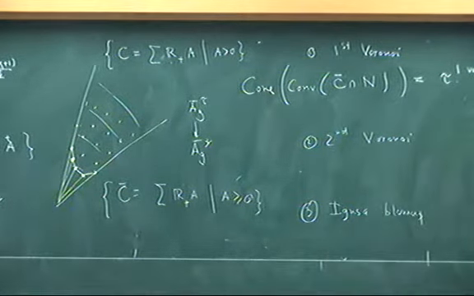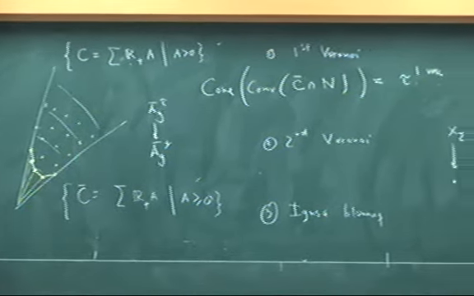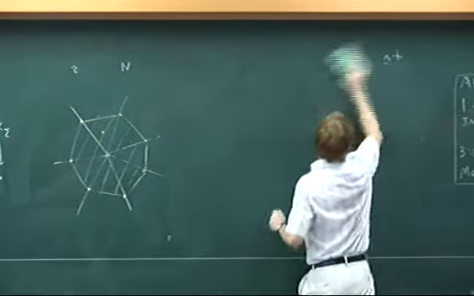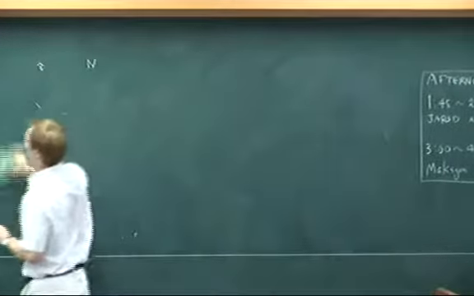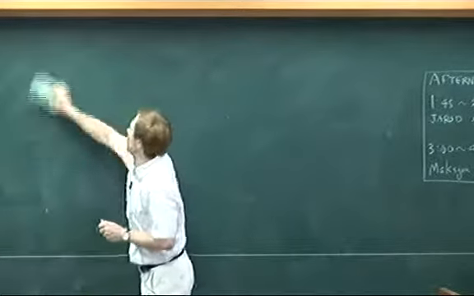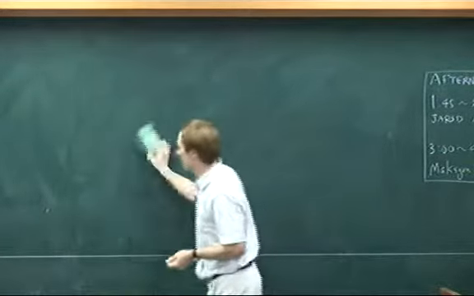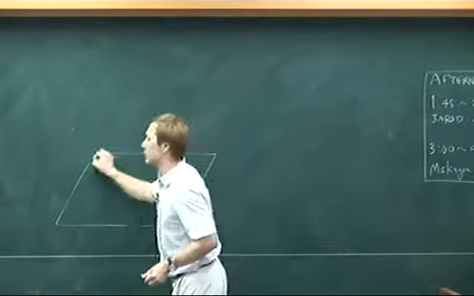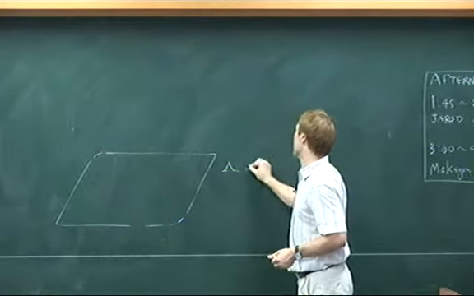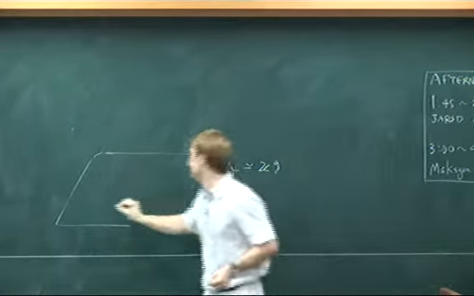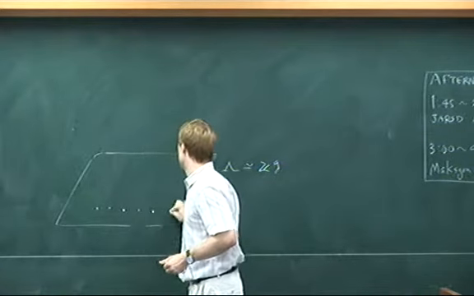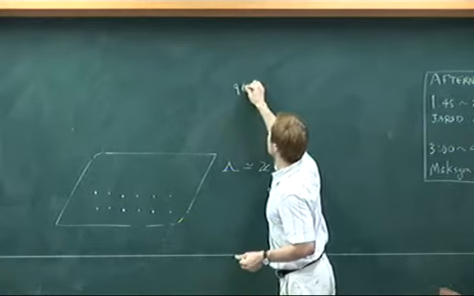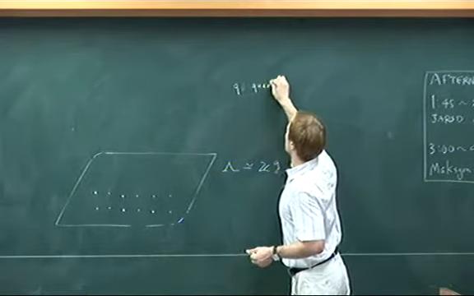Now the second Voronoi. Let me try to define it quickly. So here's the picture. We start with this lattice Lambda, which is Z^g, and we start with some quadratic form.